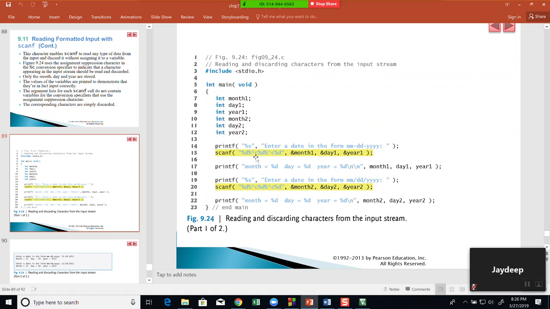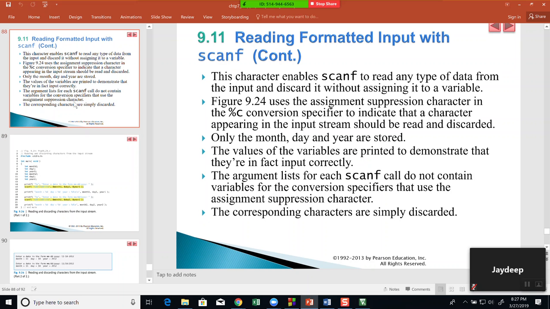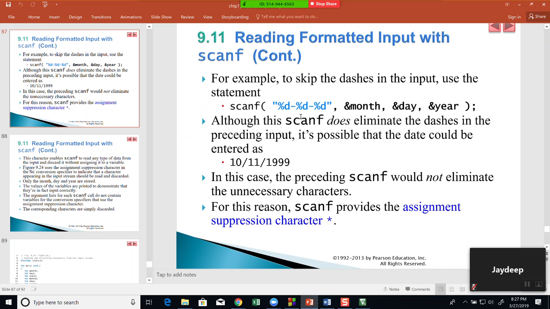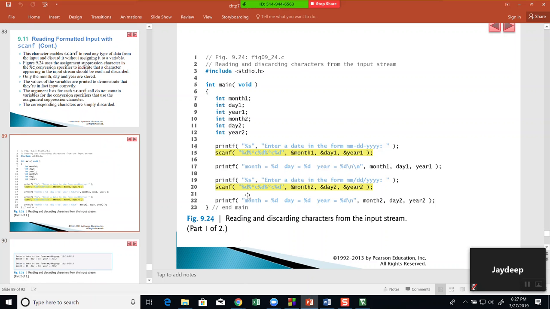Looks like they're using the %C to indicate any character, because that's what they're talking about over here. The %C conversion specifier indicates the character appearing in the input stream should be read and discarded, because they said the problem is you could put dashes in between them, but you could also put a slash between your month, day, and year. And either way, you want to discard those extra characters. So again, you do that with the, actually, they got a %*C.